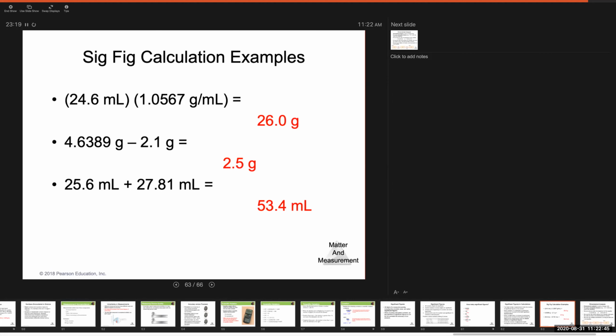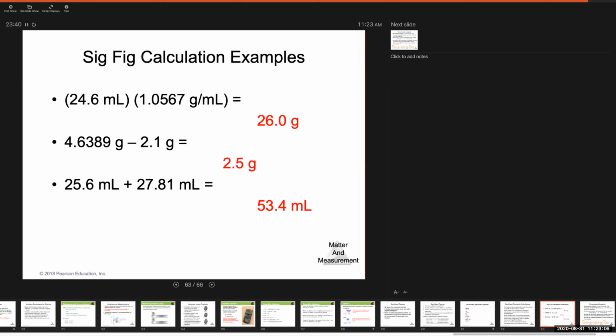And then finally, the last one is similar to the second one, 25.6 mils plus 27.81 mils. That 0.6, that 1 digit past the decimal on the first 25.6 mil value, is going to determine how many digits past the decimal we have there.